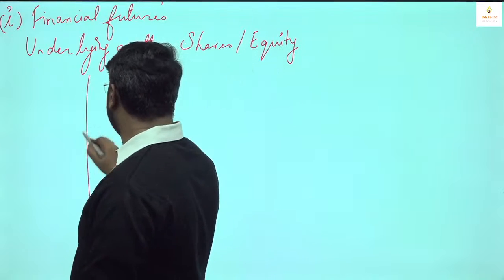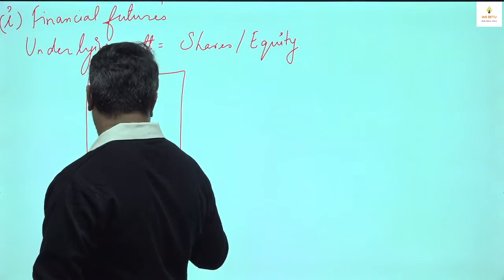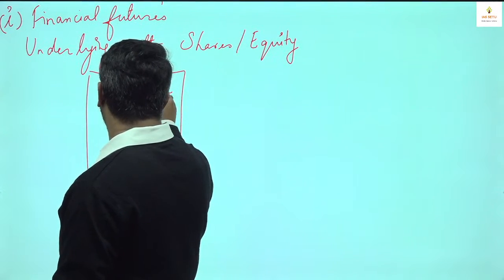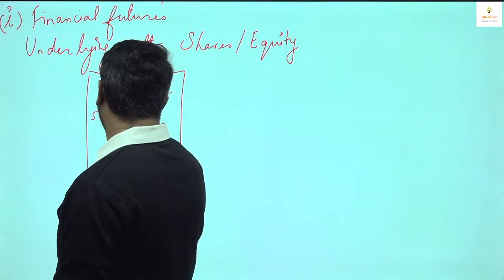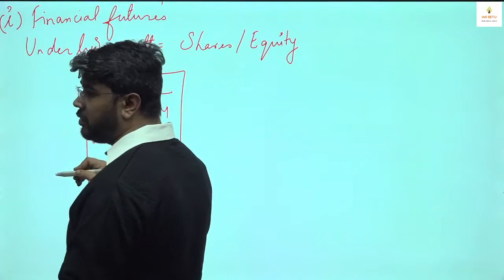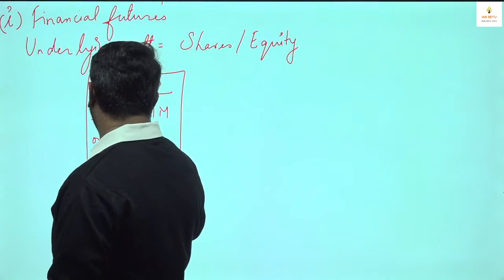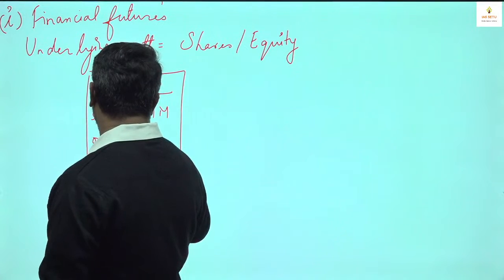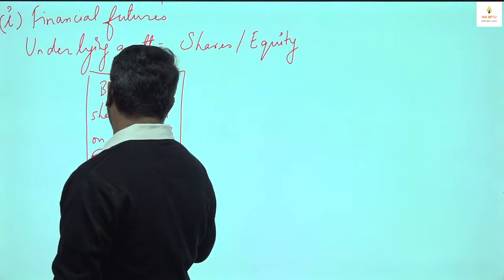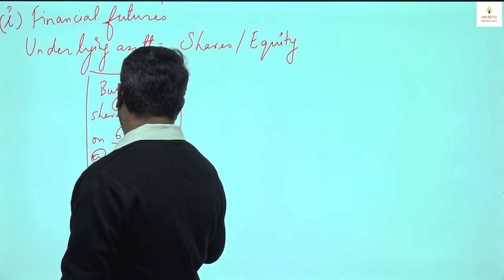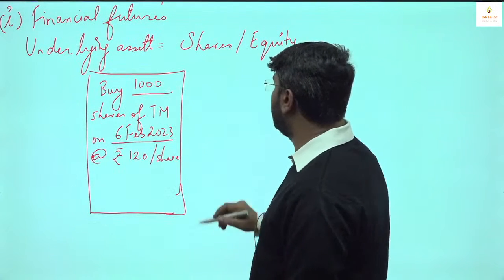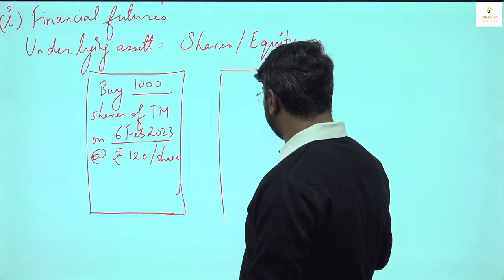So I take a page where I can say buy, let's say 1,000 shares of Tata Motors on, कोई भी डेट डाल दो, राइट, आज क्या है, 6th of February 2023 at the rate of, let's say, rupees 120 per share. Similarly, I can also have a sell contract here.